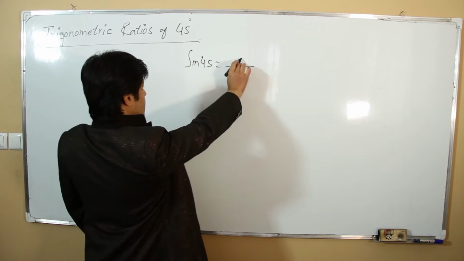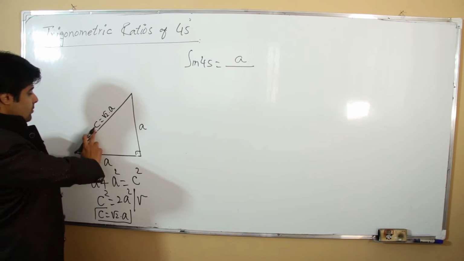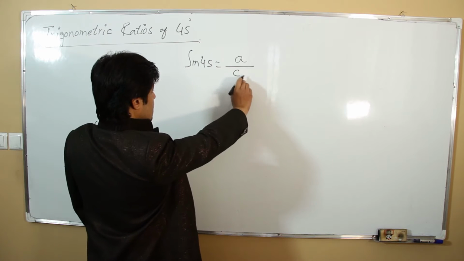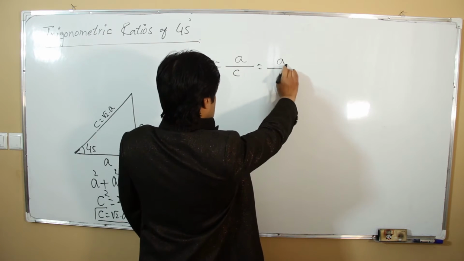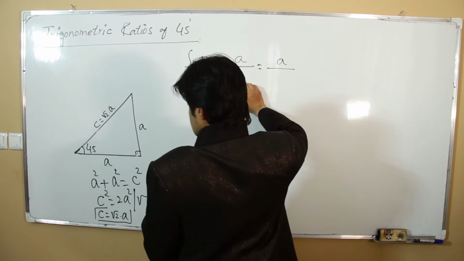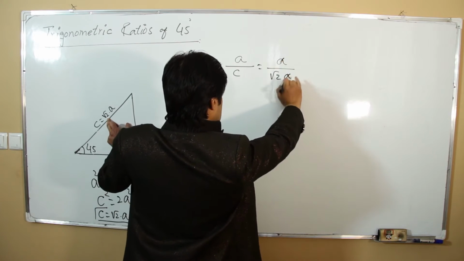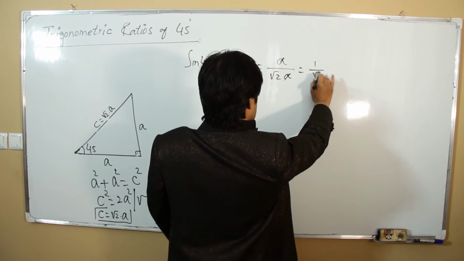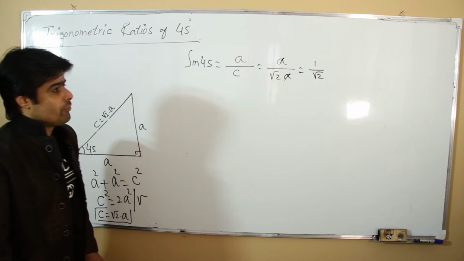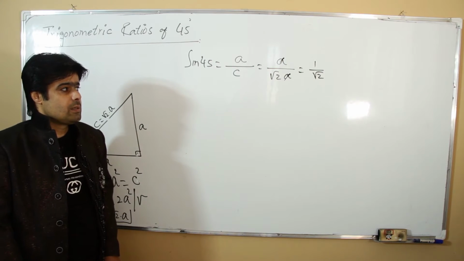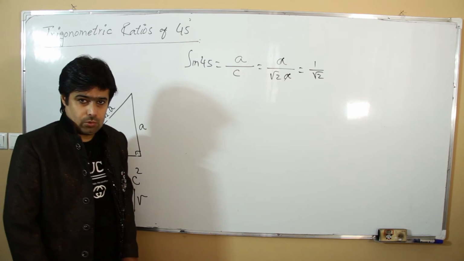Opposite A divided by hypotenuse, which is C. A is A, and you know C is root 2 A. So, it is cancelled.